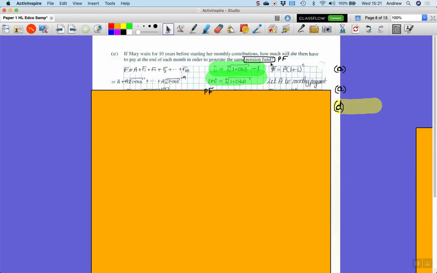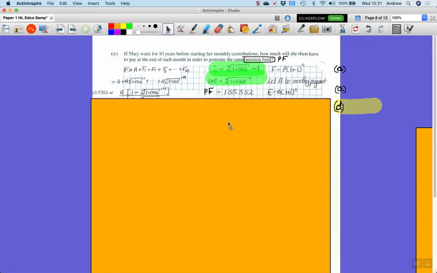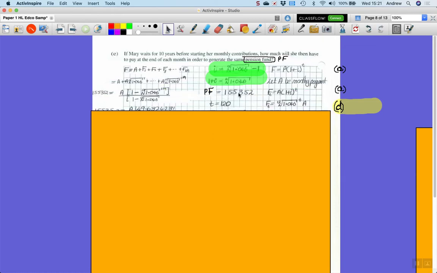She wants to have the same pension fund. In part D, the pension fund is 155,352. So that's basically just gathering some information together.